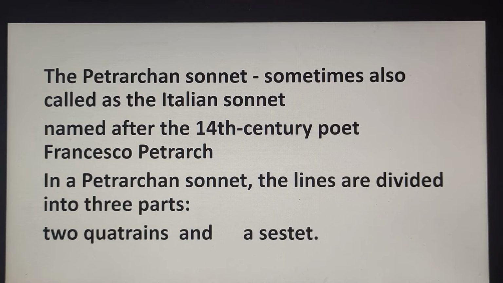The Petrarchan sonnet is also sometimes called the Italian sonnet. The earliest sonnets were written by the great Italian poets Dante and Petrarch, and the two forms are largely similar, but they do have a few important distinctions. In a Petrarchan sonnet, the lines are divided into three parts: two quatrains and a sestet.